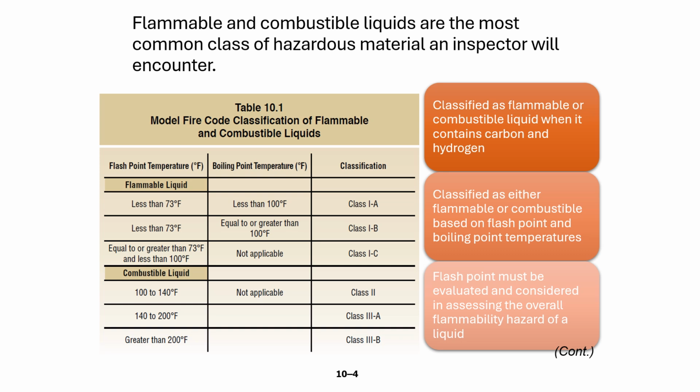So always remember that the flash point is an indicator of volatility, but it's the boiling point that really determines how volatile a flammable liquid can be. The chart goes through all the different flash points to combustible liquids, which have a flash point of 100 to 140 degrees Fahrenheit, and the boiling point is not applicable at all. So a good chart to get familiar with.